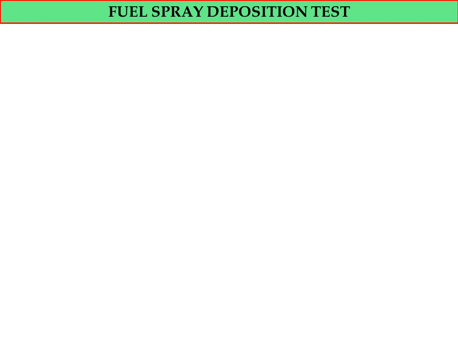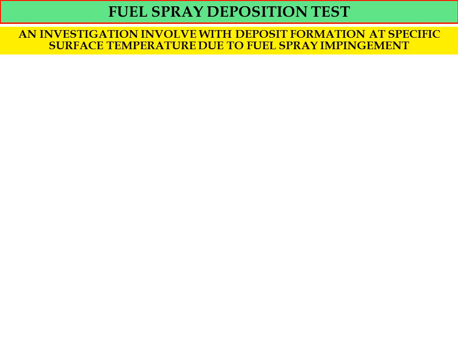Okay, now we will discuss the fuel spray deposition test. This test is actually the second part of the fuel spray test category. It is an investigation of deposit formation at a specific surface temperature due to fuel spray impingement.